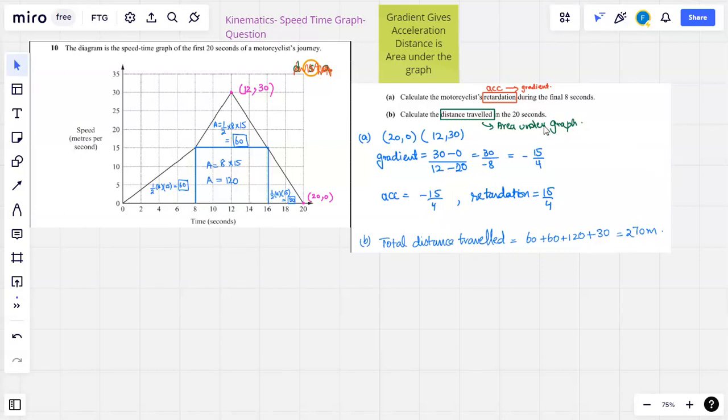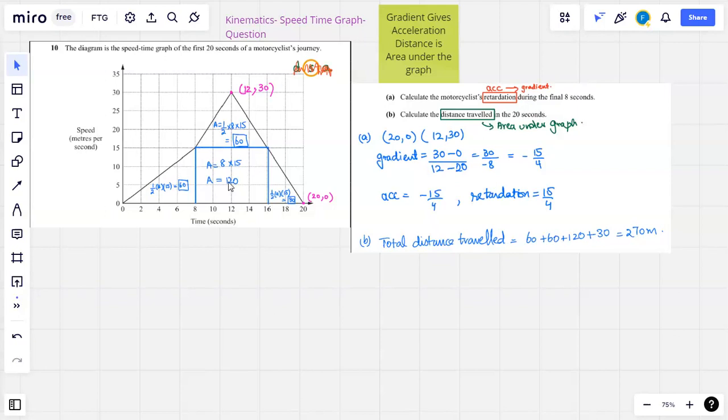The question is about a speed time graph for the first 20 seconds of a motorcyclist's journey. The graph is already there, and the total time is 20 seconds. From 0 to 8, the speed is increasing, and since the line is straight, the acceleration is constant because the gradient is constant.